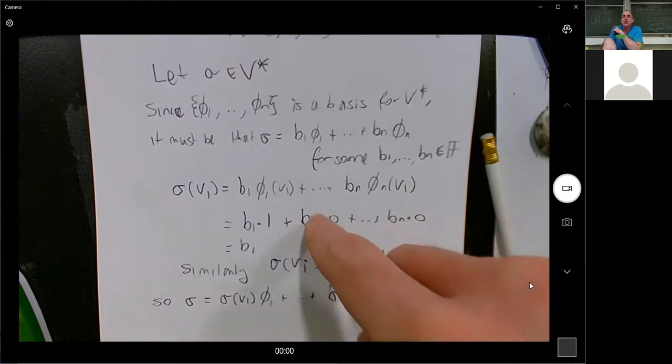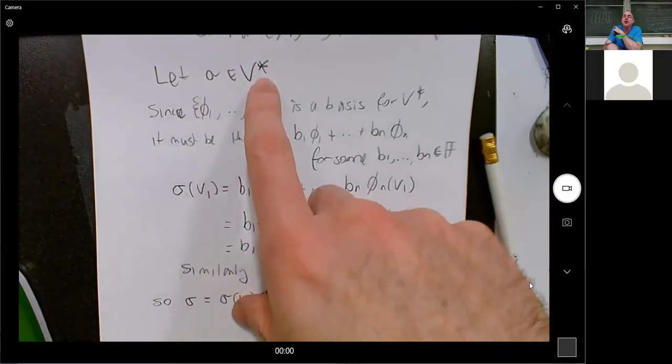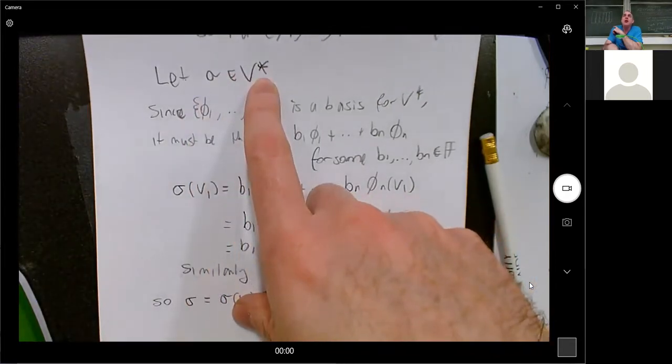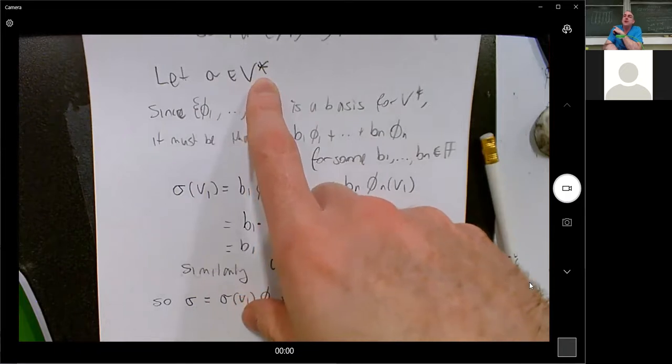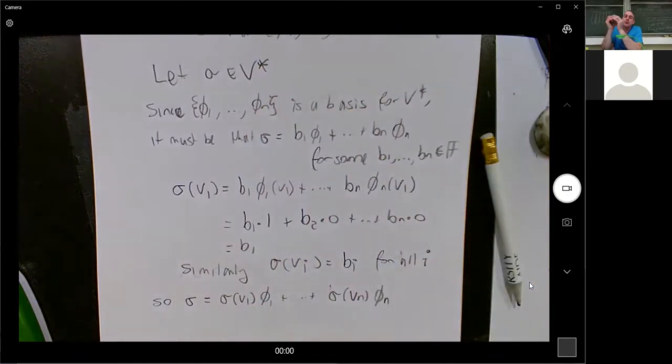In the other proof, you just picked a function in V star, and you did sigma of V1, and it turned out that you could construct sigma as that number times phi 1. Okay, cool.